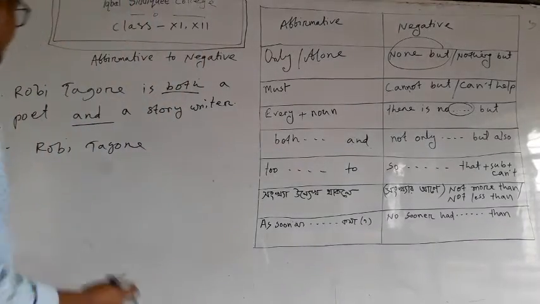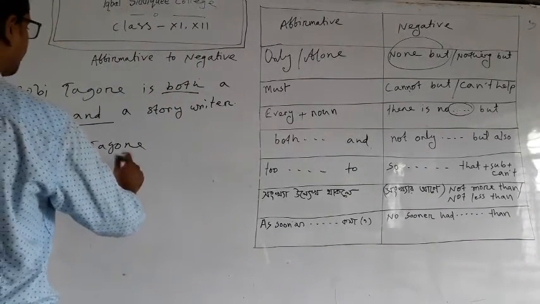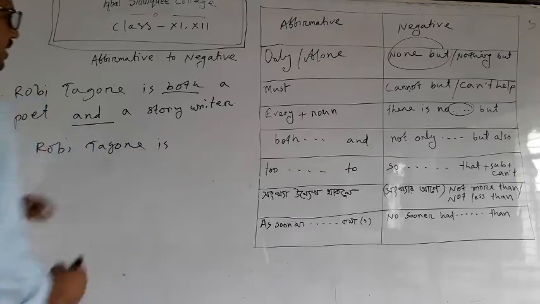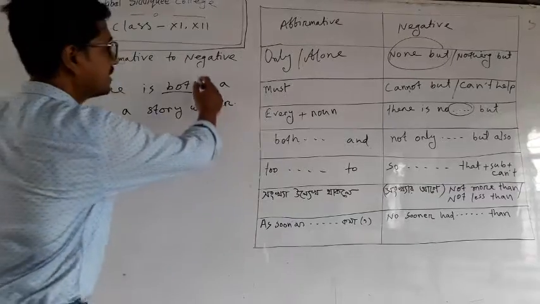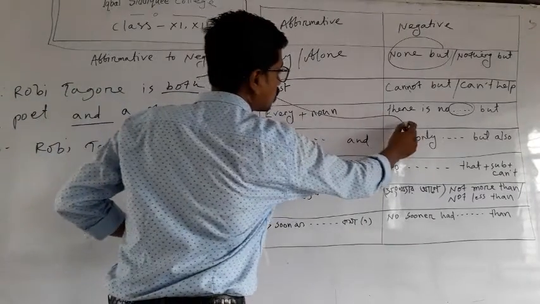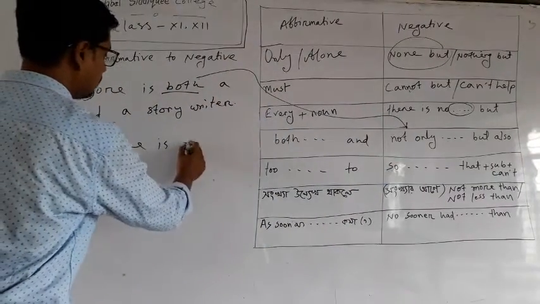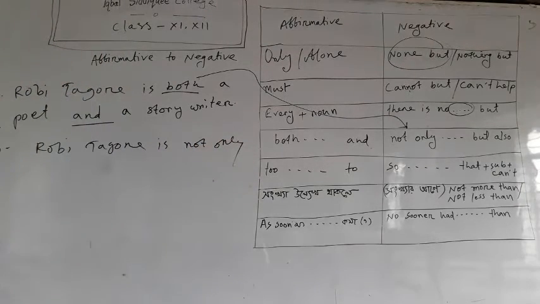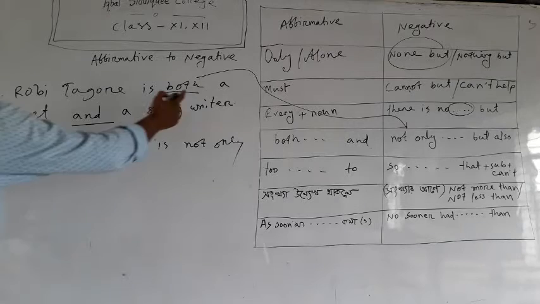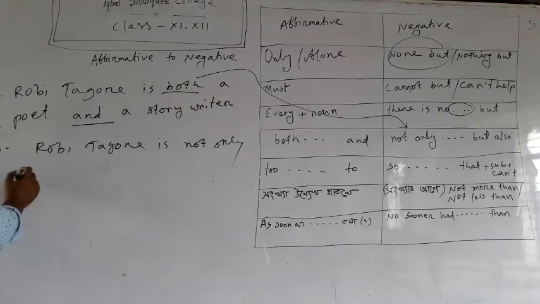Tagore is one piece. So look at this both. We have to replace both with not only. So Tagore is not only. After this both, there is a noun, a poet. So we will also write this noun, a poet.